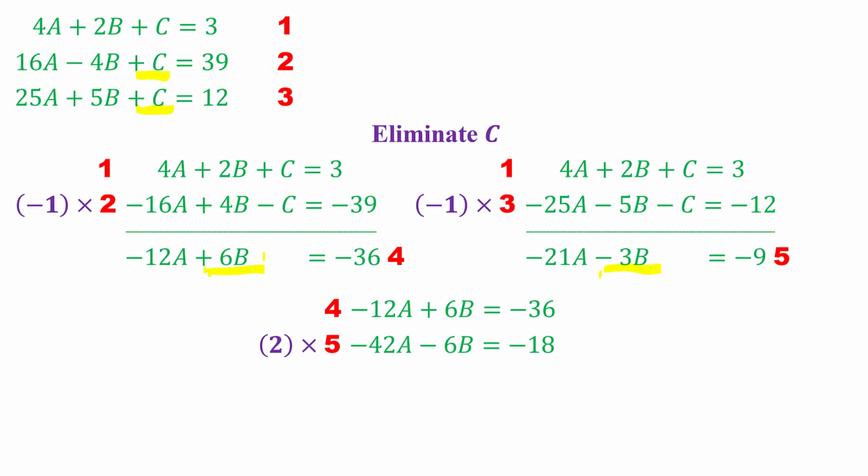And then I have 2 times equation 5, which would be -42a - 6b = -18. Adding these together gives us -54a = -54, or a = 1. Okay, so we found a, and let's move on to see if we can figure out b and c.